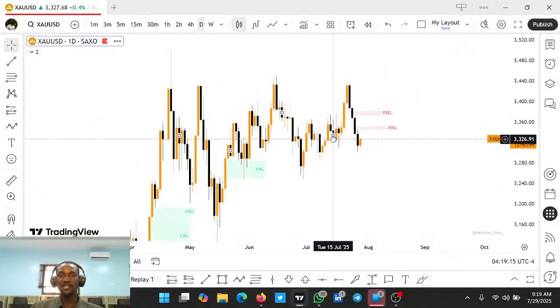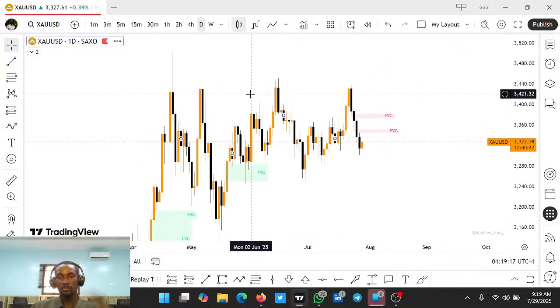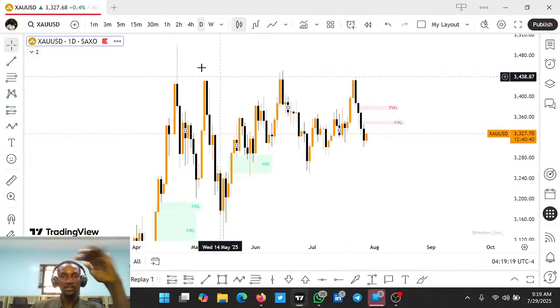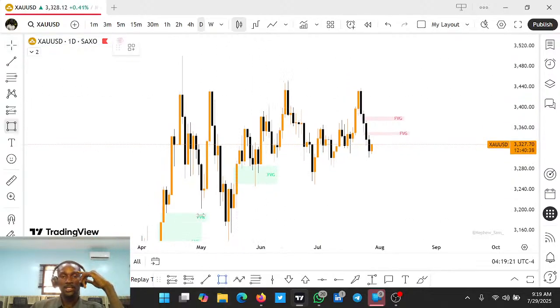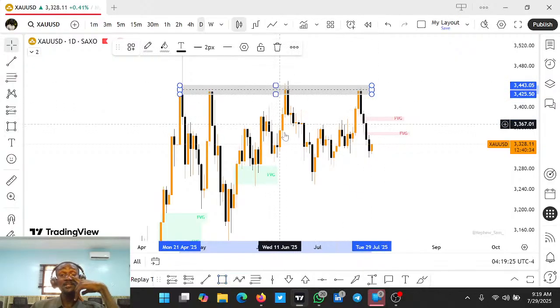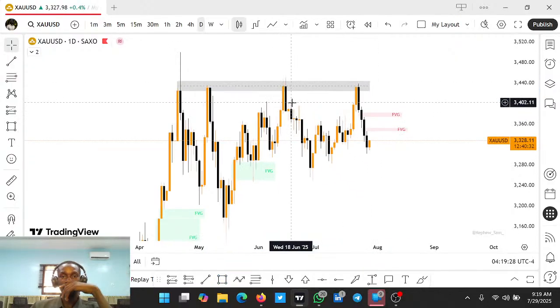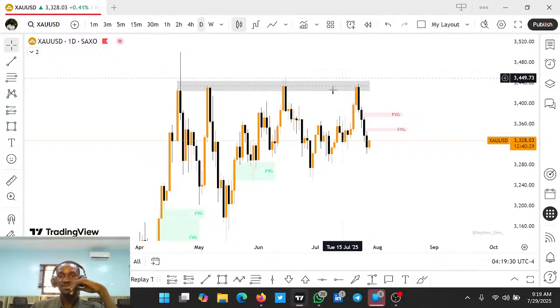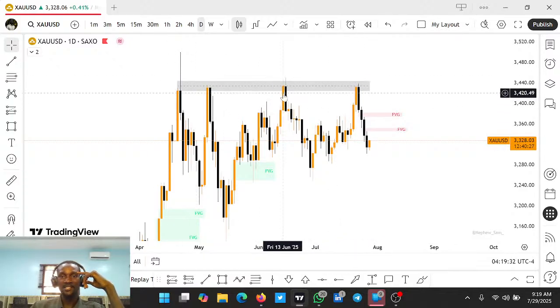Now looking at gold XAUUSD on the daily time frame, because I'll be doing top down analysis. If you can see clearly, there's a resistance level around this zone. This was the trade I sent to the group about gold reacting to this level.